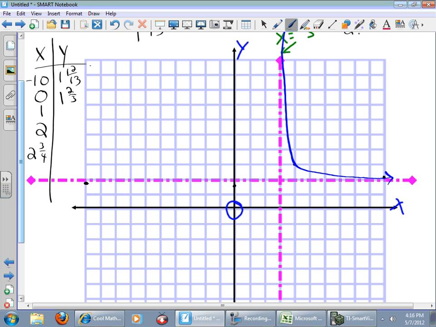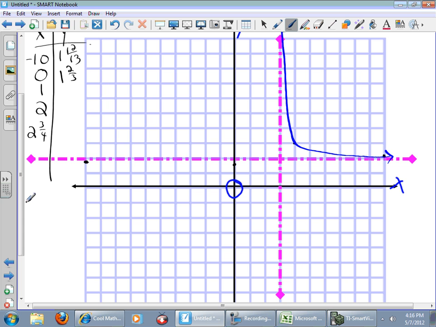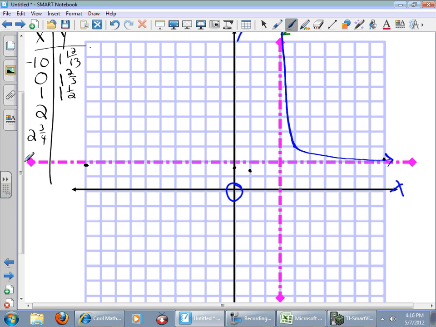When I put 1 in, I get negative 1/2 plus 2. That's going to be 1.5. You can see it's going to start bending real soon here. When I plug 2 in, I get negative 1. Negative 1 plus 2 is positive 1. There's the curve starting.